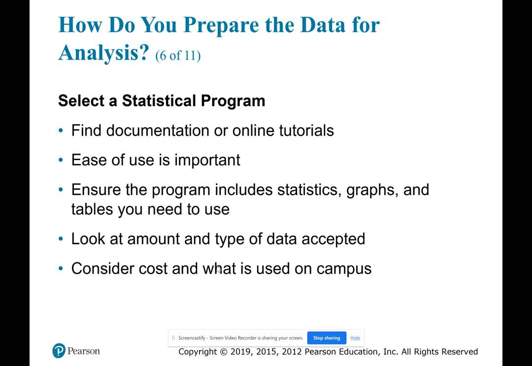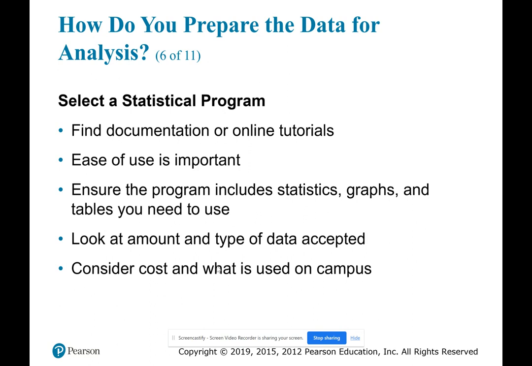So, after the data is scored, then you get to select the computer program that you're going to use to analyze your data. Here are some guidelines to consider. Number 1, look for programs that have tutorials on how to use them. Number 2, something that is easy to input data into is nice. Number 3, make sure the program analyzes the types of statistics you're performing. Number 4, be sure you can analyze the quantity of data that you have.